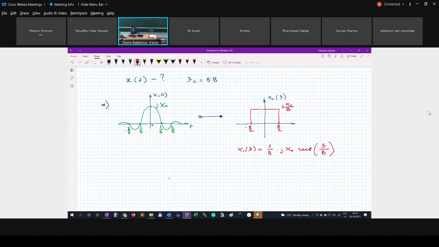Okay, but I still have some questions for you. Again, why do we have j? What's the meaning of j in our original low pass signal? For some reason, our signal in the low pass range contains an imaginary number.